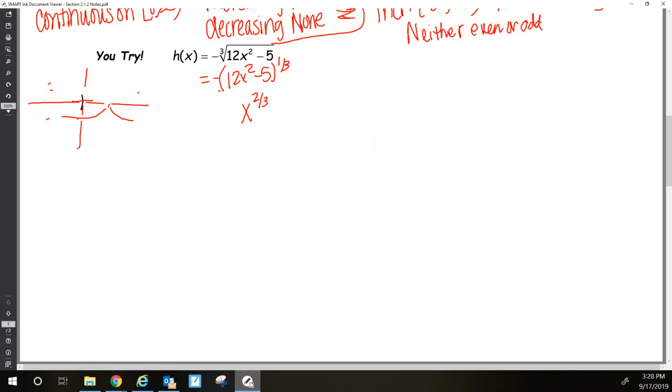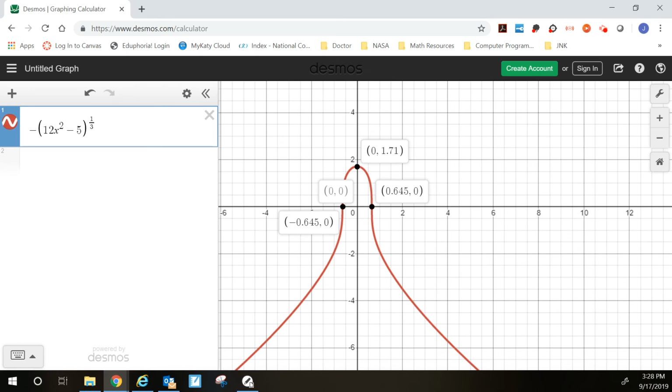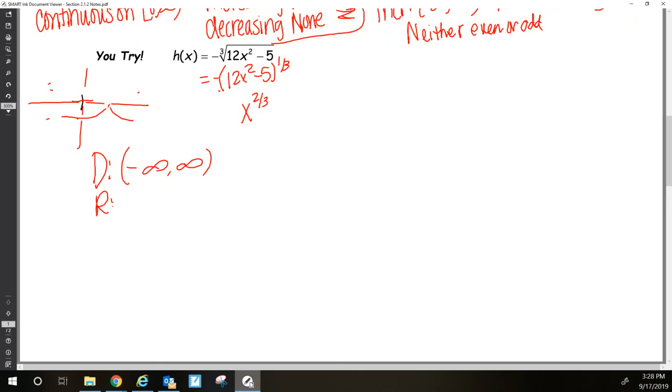It's got a lot of stuff happening. So domain for this guy would be from negative infinity to positive infinity. What's the range of it? Looks like we're starting here at negative infinity. My highest y value is up here at 1.71. So my range goes from negative infinity up to 1.71.